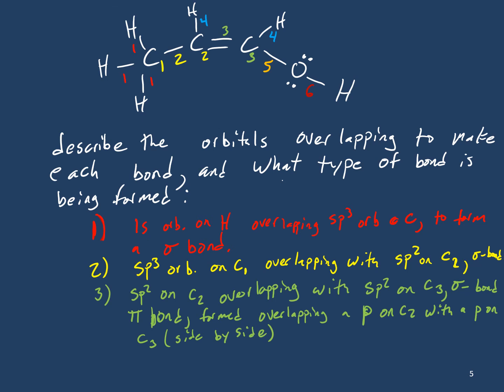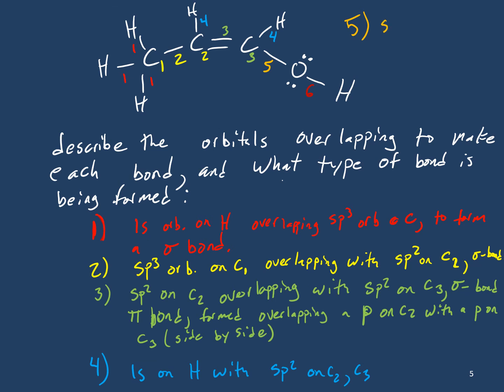Next, we can talk about number 4, right? This is going to be the 1s on hydrogen with sp2 on carbon for both of those carbons, carbon 3 and carbon 2. Let's talk about number 5. I'm going to do it up here because I'm running out of room down there.